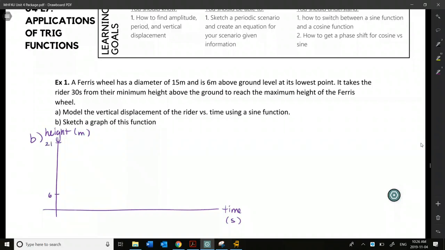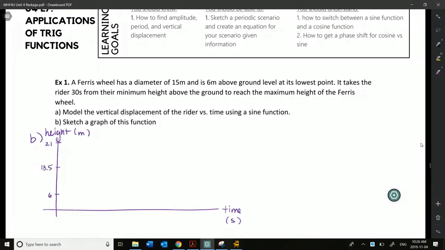What would be the middle height of the rider above the ground? What's exactly between 21 and 6? 13.5.